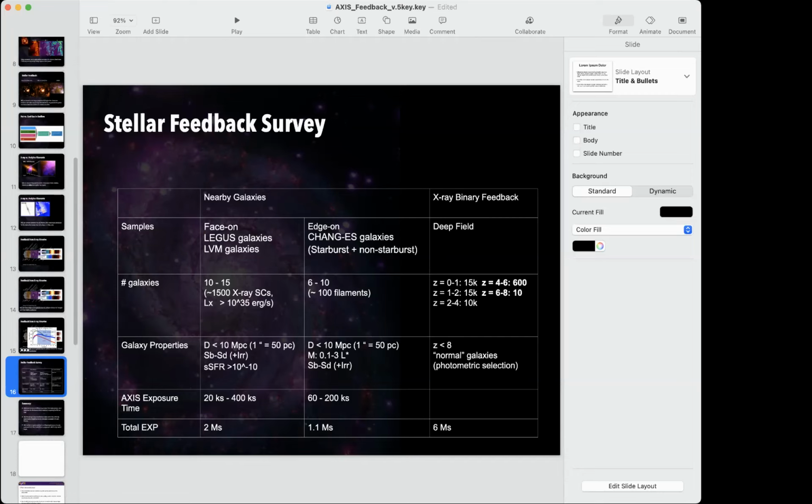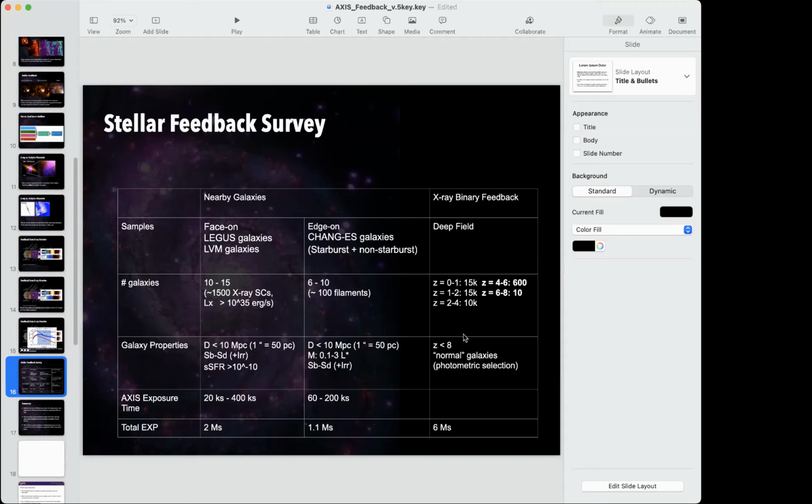study. For the X-ray binary feedback case, the observational criterion is a flux down to the confusion limit, which is about 10^-18 ergs per second per centimeter squared. And that is about 6 megaseconds of exposure, corresponding to redshift up to 8.